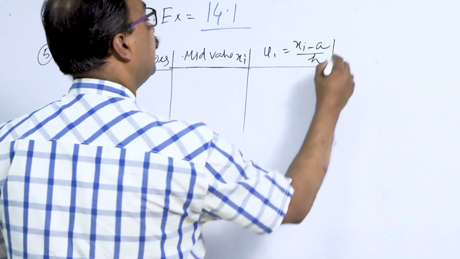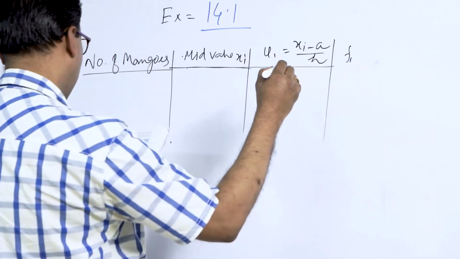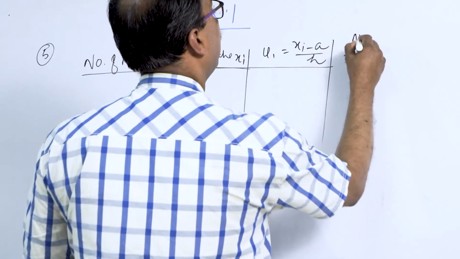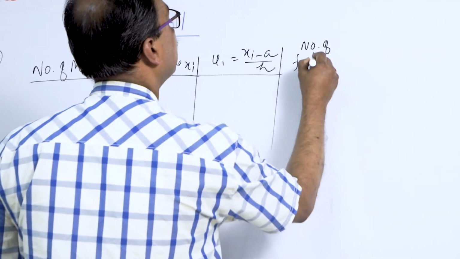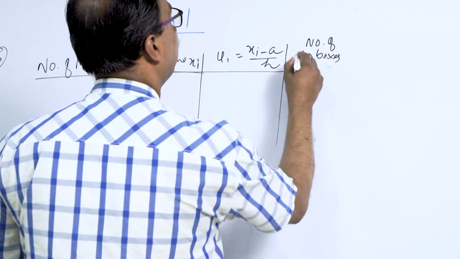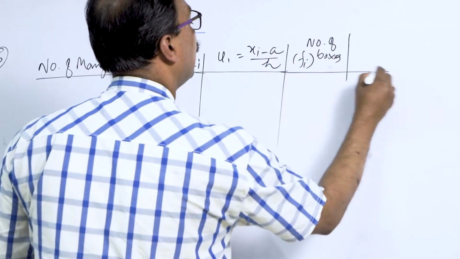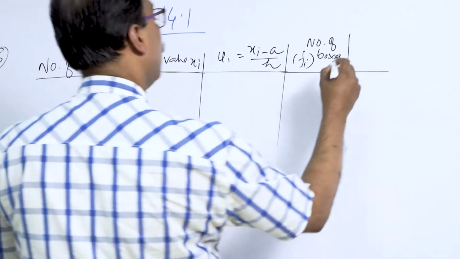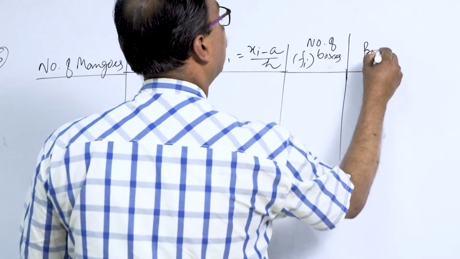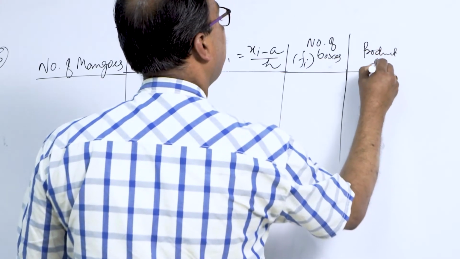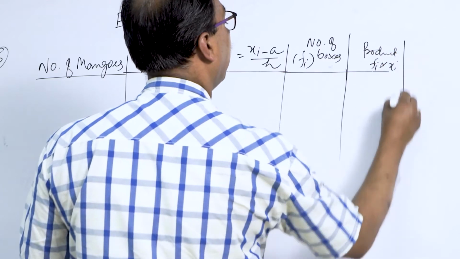After that, the frequency fi, that is the number of boxes, clear. Then the product is fi into xi, clear.